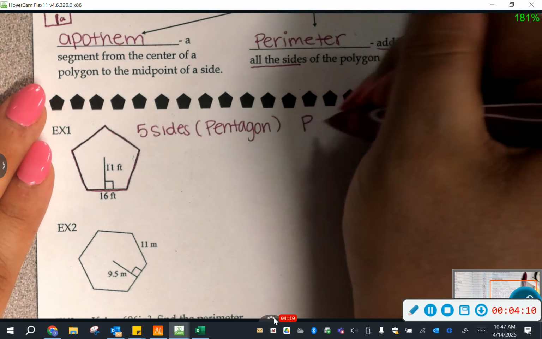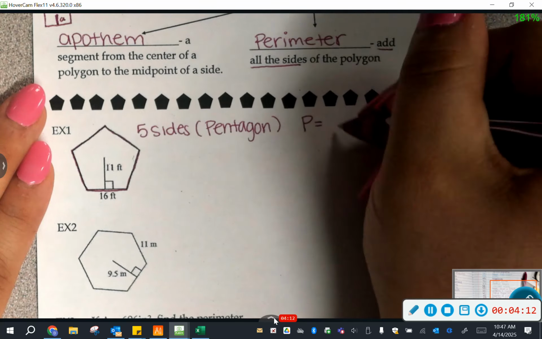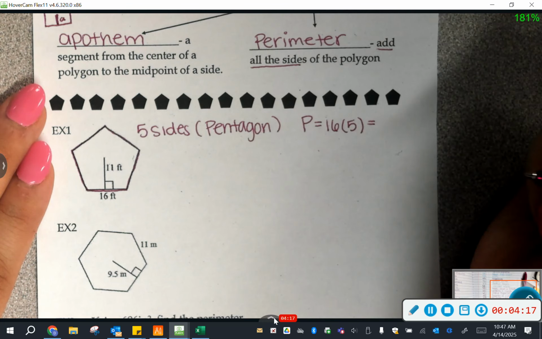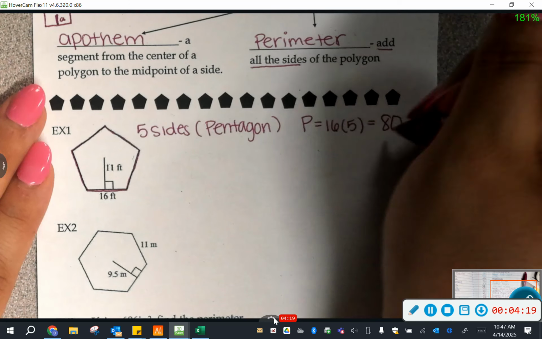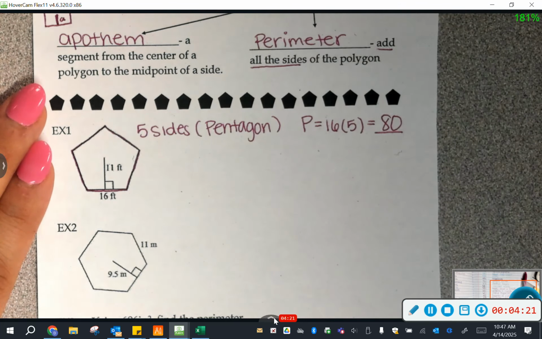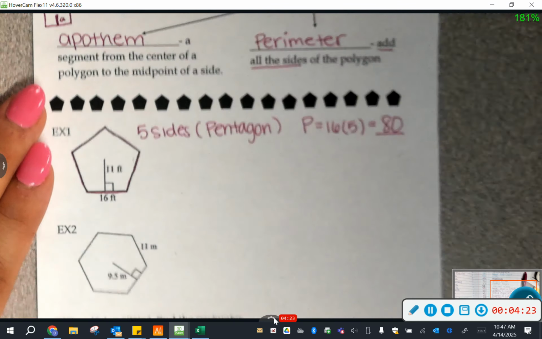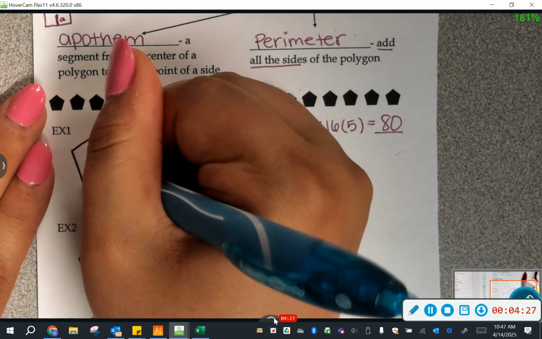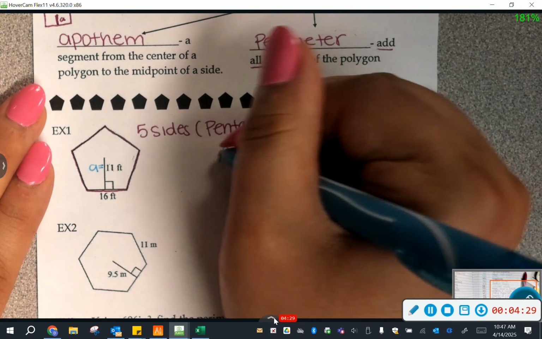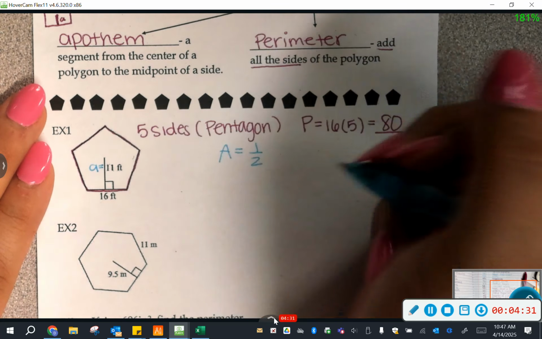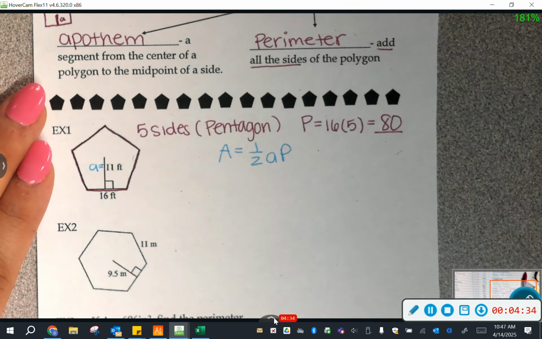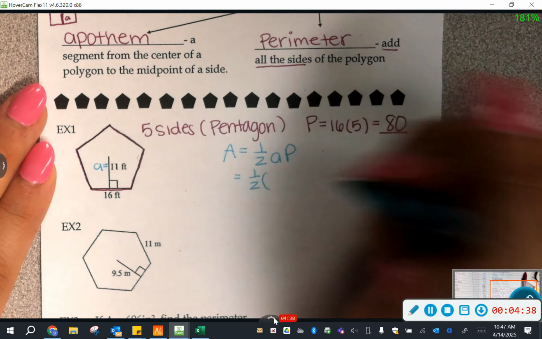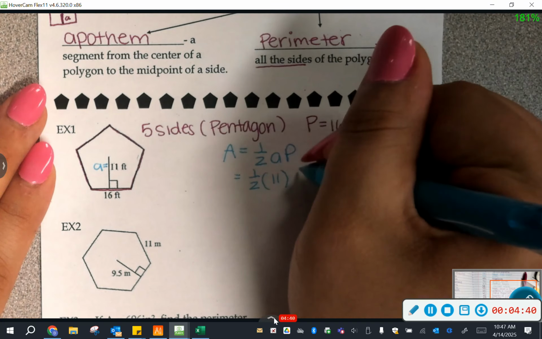So how do I find the perimeter? 16 times 5, which is 80. Cool. I know the perimeter. What else do I know? The apothem is, so now can I just write my formula? 1/2 little a P. 1/2, we said little a was 11.